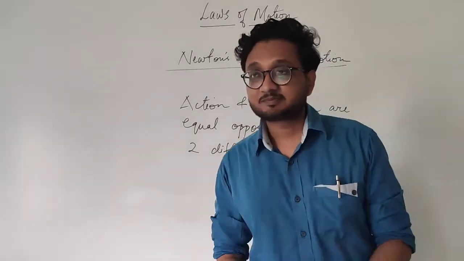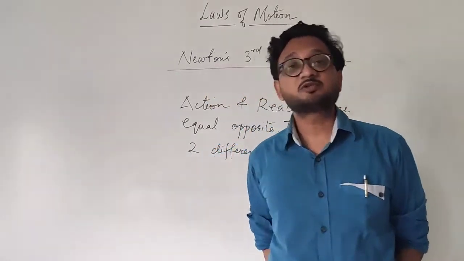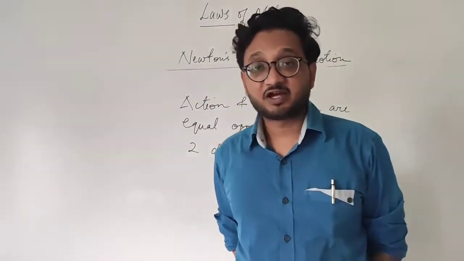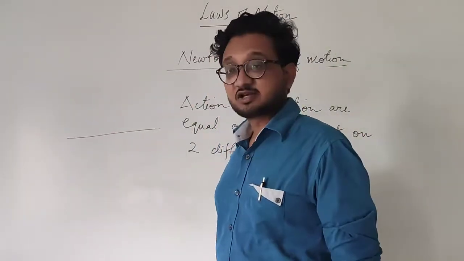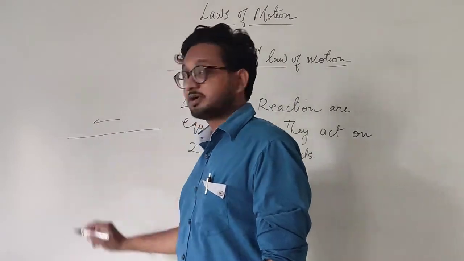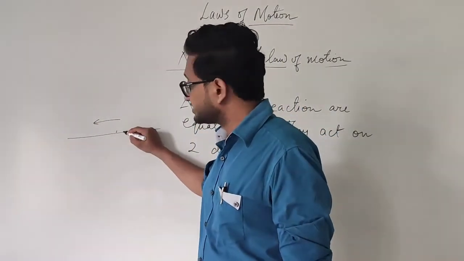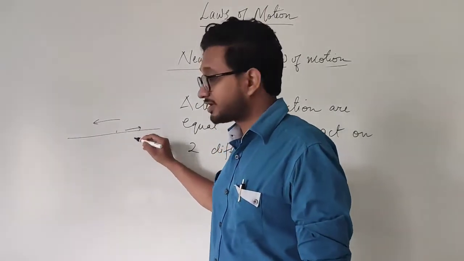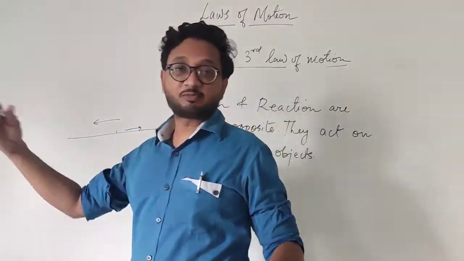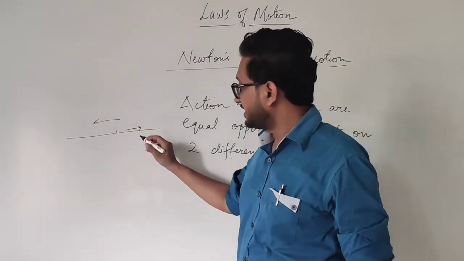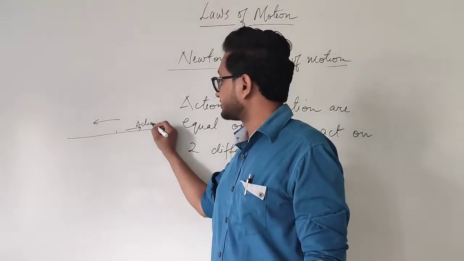Quite simple actually. This example can be seen in our day-to-day lives, and the most common is while we are walking. This is the surface on which we are moving forward. Whenever we step, we are pushing the floor backwards, so we are pushing ourselves forward. We are applying the force on this side, so this is action.